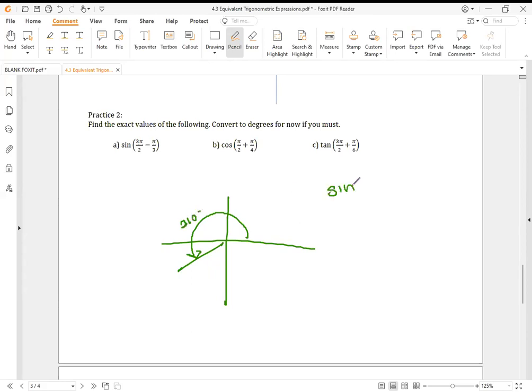So sine of 210 degrees. What is the correlated angle? How about I do theta and little c for correlated? Yep, that's right. How did you do that in your head?